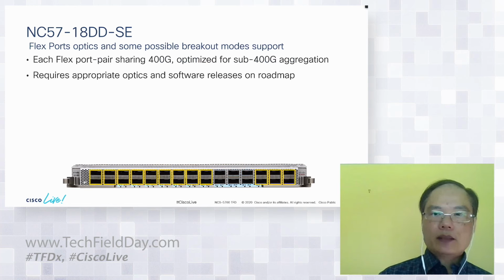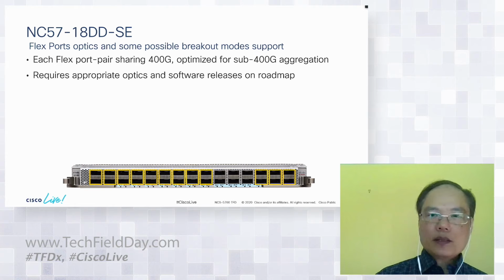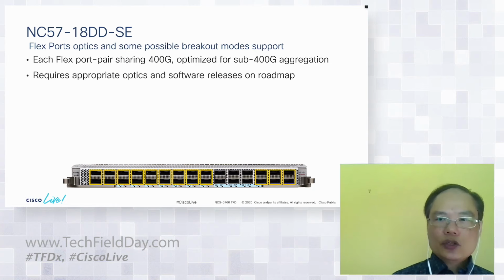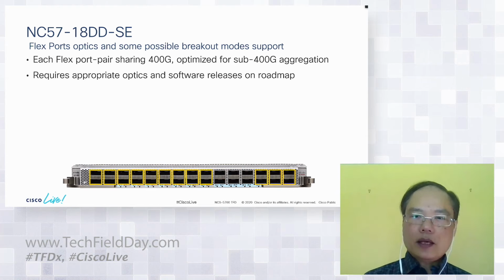Now for the flex port pairs. It is sharing 400 gig for the two QSFP-DD ports. So it is optimized for sub 400 gig aggregation, and it allows a higher density of low speed optics and more combinations of breakout options. Of course, again, subject to availability of the optics and software releases.